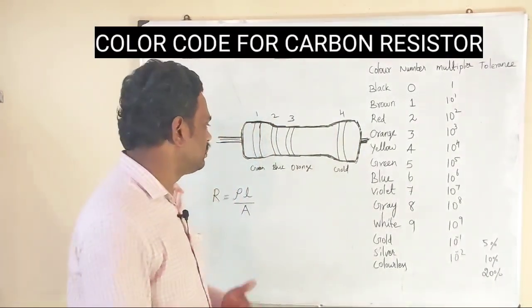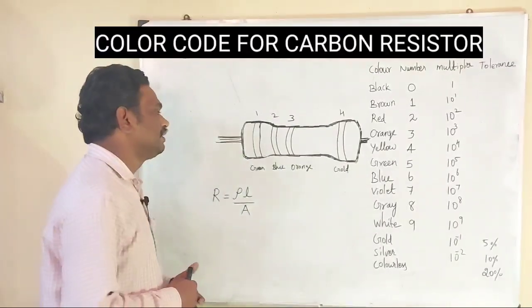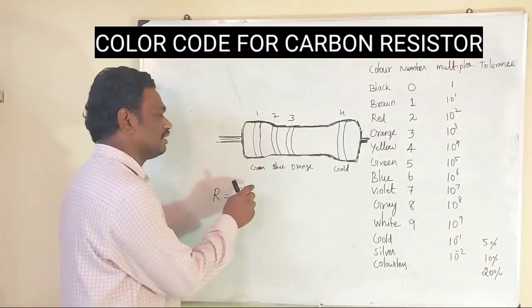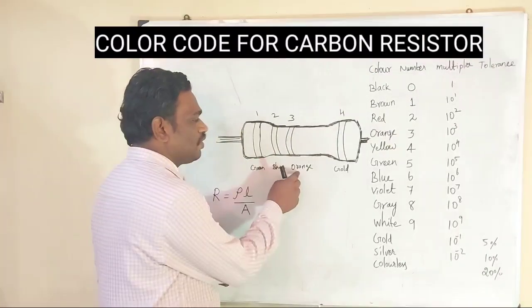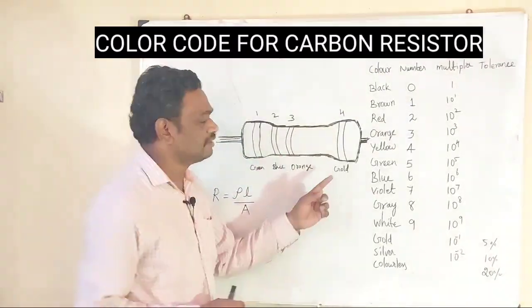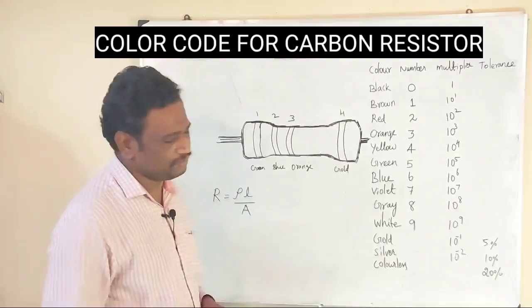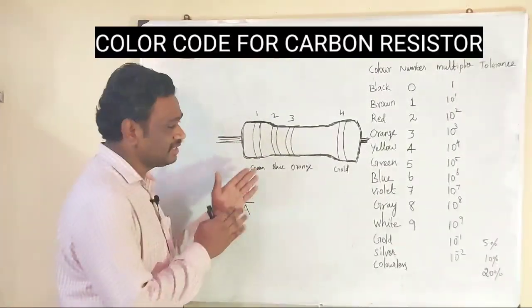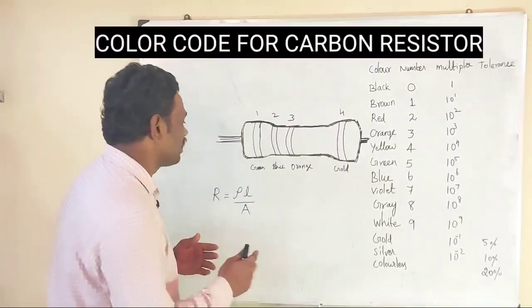Okay, let's see one example. In your textbook they have given a color code for a resistor: green, blue, orange. And the tolerance ring is gold. How to calculate the resistance value of this carbon resistor? Let's see.